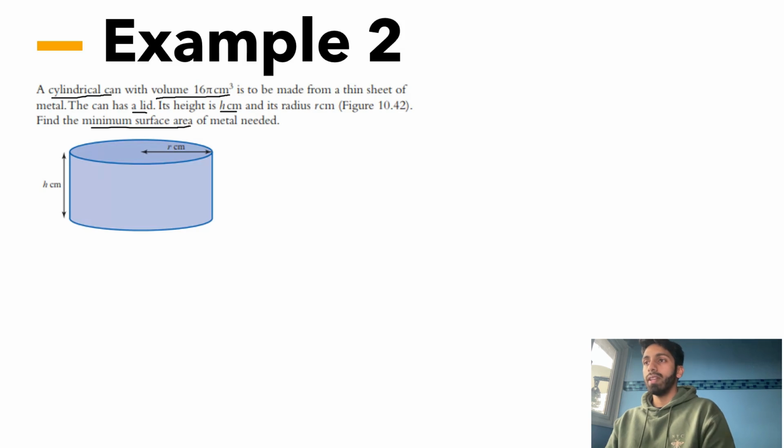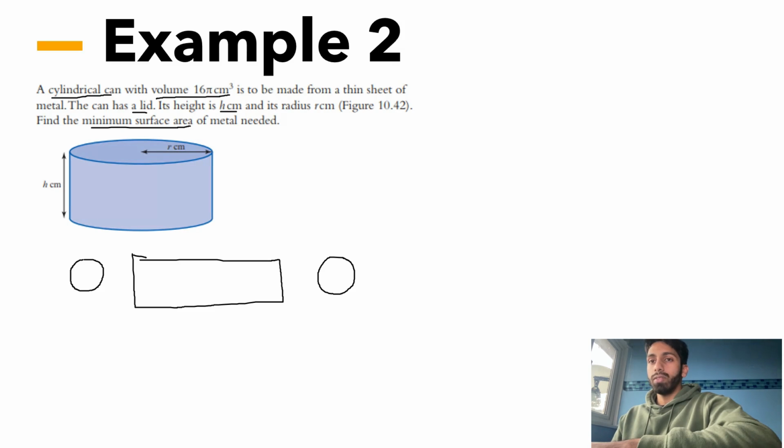What I always recommend is drawing out the net structure when you have something like this, just to make sure we have covered every base essentially. So we have two circles, so the area for a circle is pi r squared, so I'll just write that in here. And of course we have another one, which is also pi r squared.